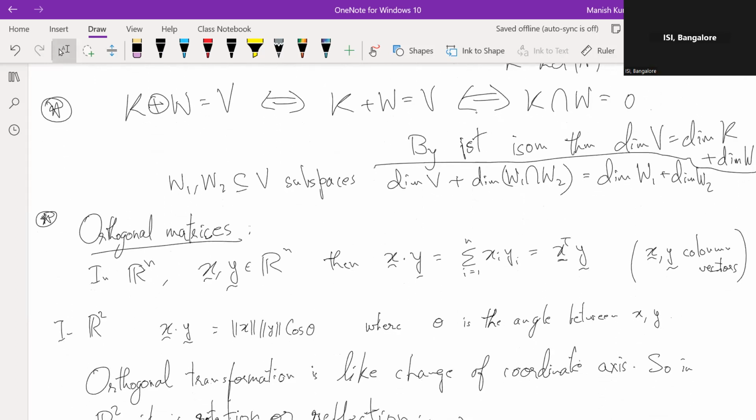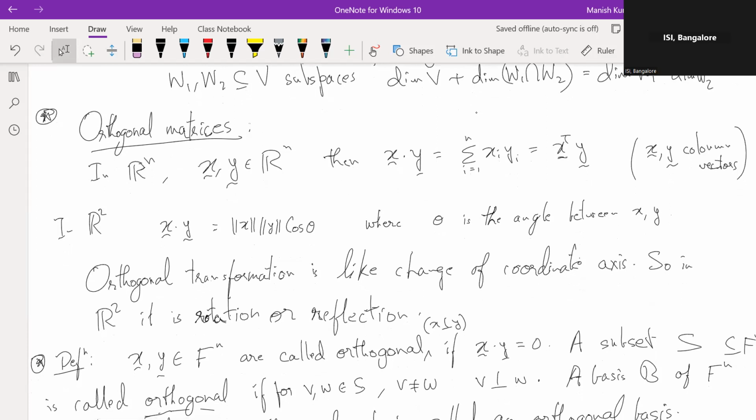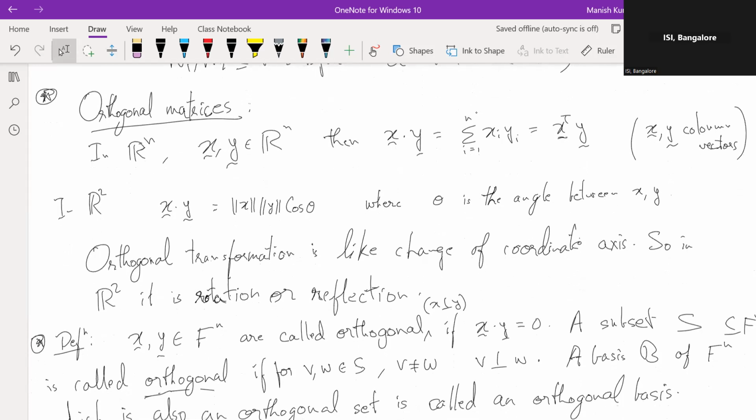Okay, so now let's start this discussion on orthogonal matrices. We'll talk about orthogonal matrices, but first let's talk about orthogonal vectors.